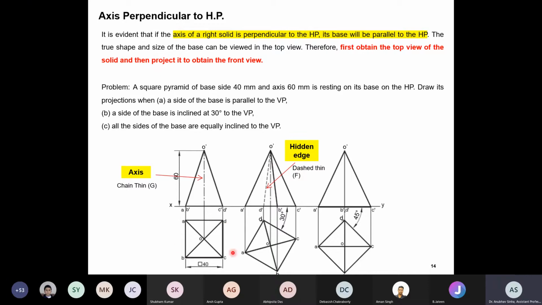Okay, so this is one orientation. This could be another orientation where this axis is at some angle. Sorry, this base is making some angle with the horizontal plane. It could be parallel to the horizontal plane, or it could be making some angle to the horizontal plane or XY axis.